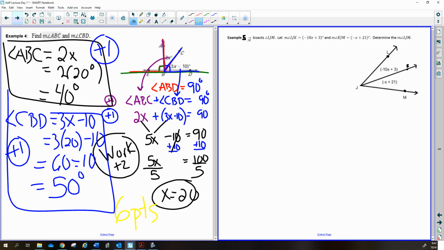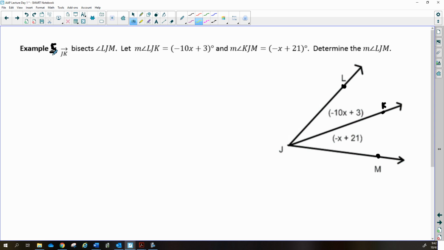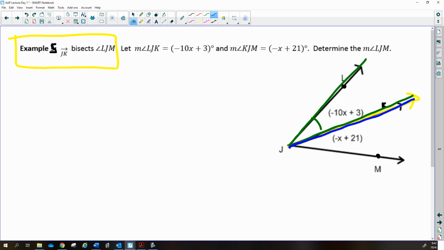All right, and my last example. My last example is now going back and talking about an angle bisector. We can see right away that JK was an angle bisector. When we know there's an angle bisector, this green angle, LJK, has to have the same measurement as this blue angle, angle KJM.